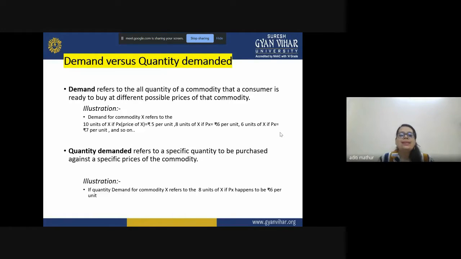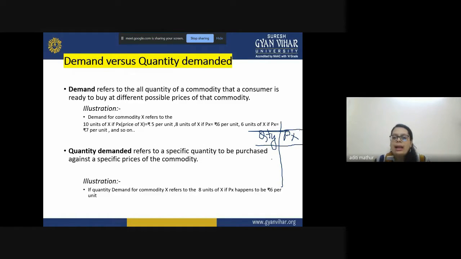Now let us understand what we mean by the word demand and how it is different from the word quantity demanded. They might sound similar to you, but trust me, they both are different. Over here, let me write all the quantities which we are ready to buy, and here we will write all the possible prices, right?